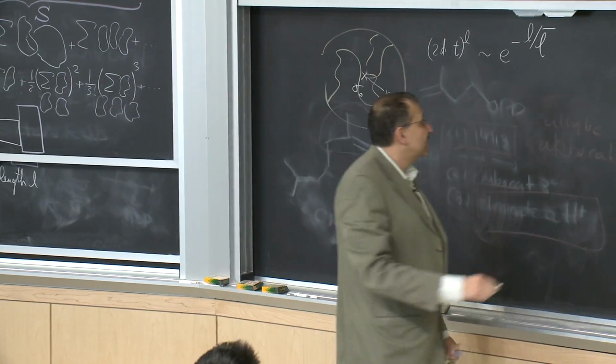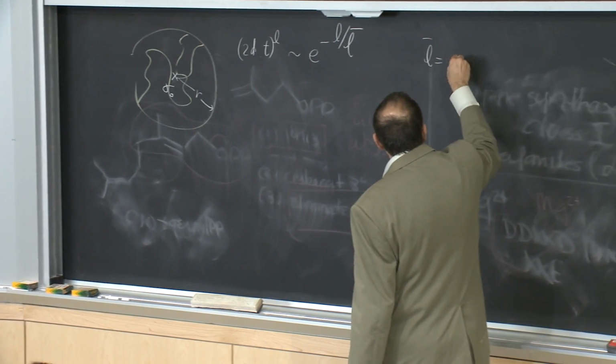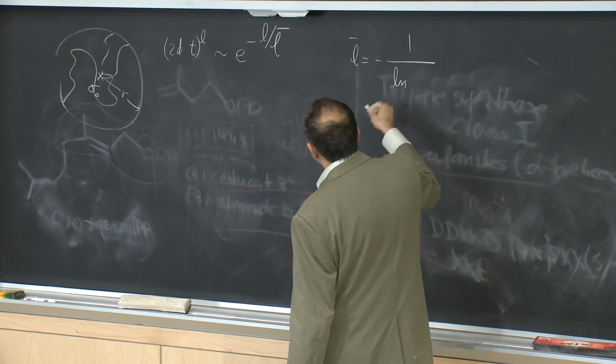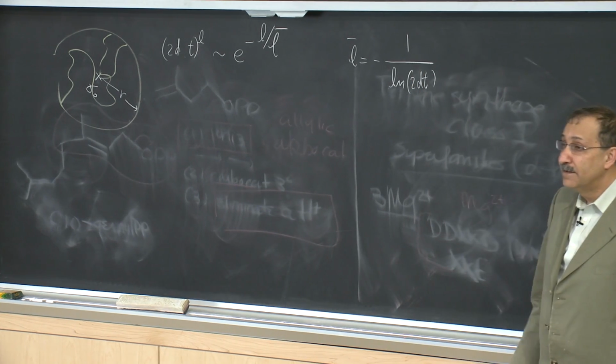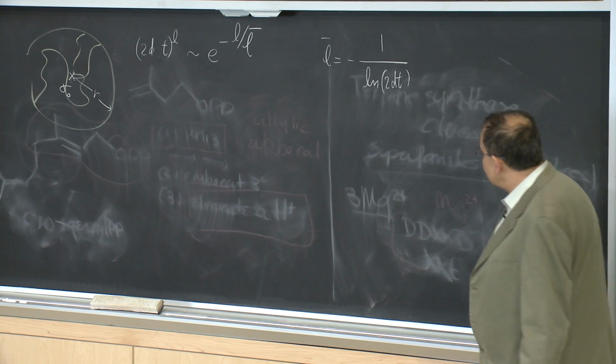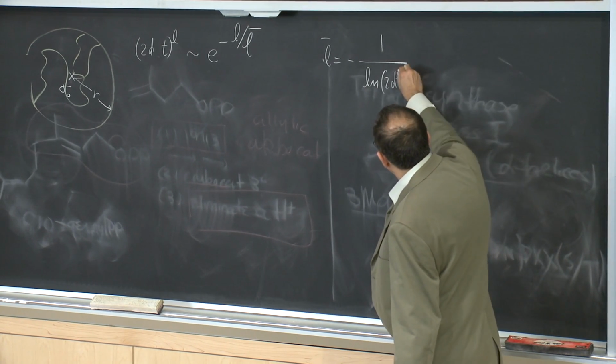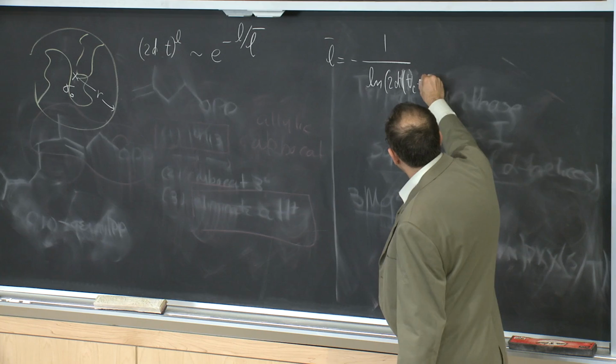This characteristic L bar is going to be minus 1 over log of 2dt. And 2dt I can write as 2d tc plus t minus tc.